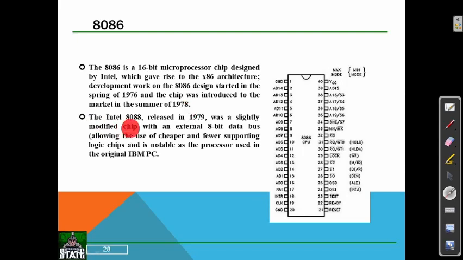The Intel 8088, released in 1979, was a slightly modified chip with an external 8-bit data bus, allowing the use of cheaper and fewer supporting logic chips. It is notable as the processor used in the original IBM PC.